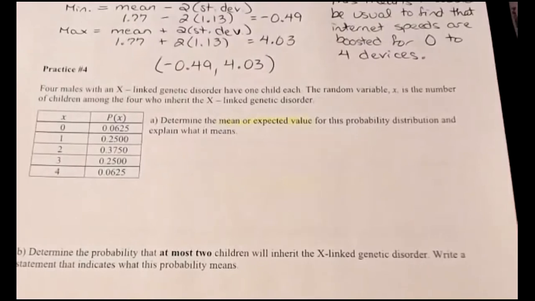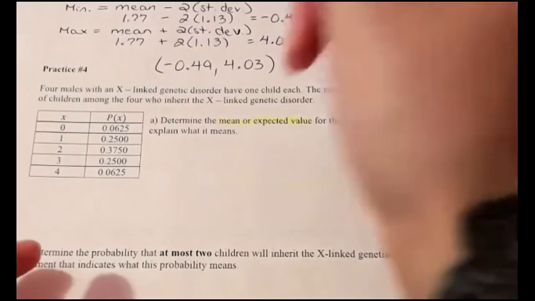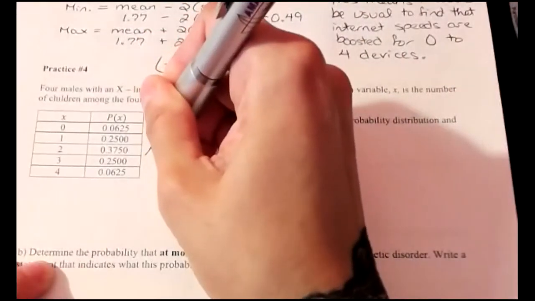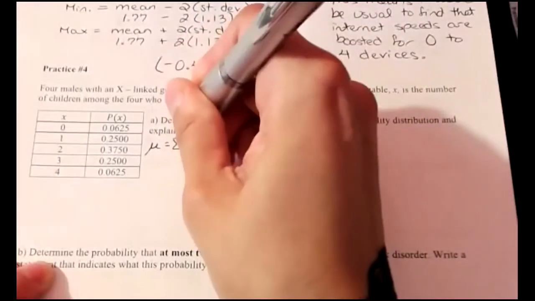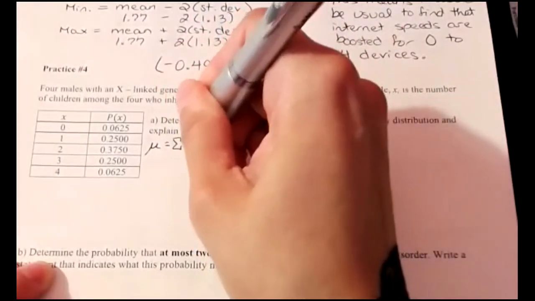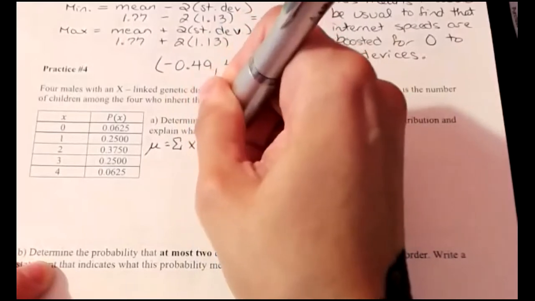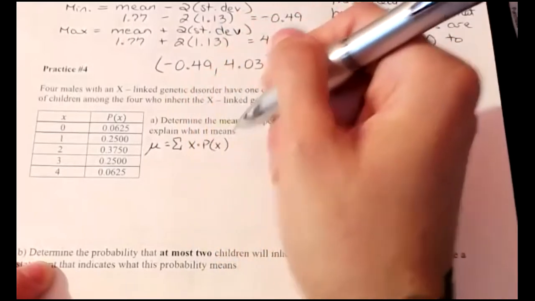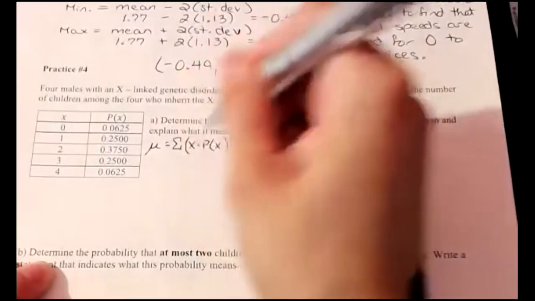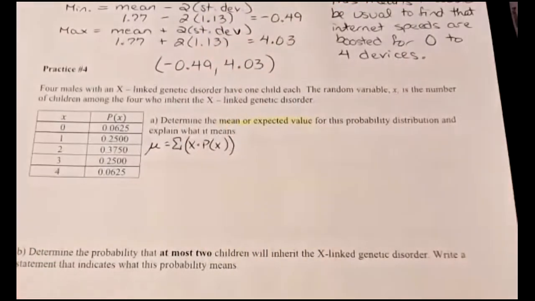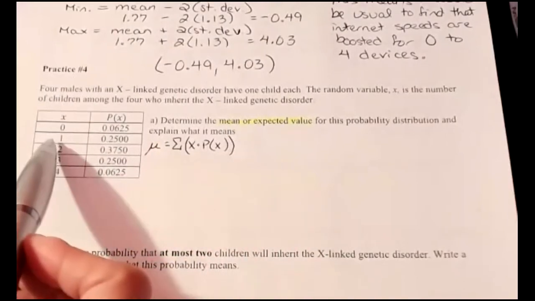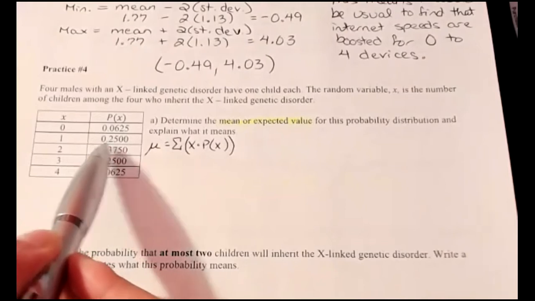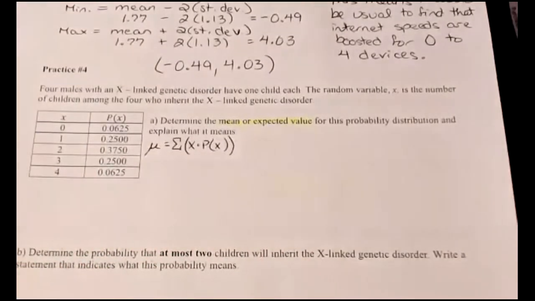I'm going to write that again, and I'm going to try to squeeze it in here so that it doesn't take up too much room. So to find the mean or the expected value, you're going to take each random variable and multiply it by its probability, and you're going to add all of those together. Essentially you're saying 0 times 0.0625 plus 1 times 0.2500 plus 2 times, you get my drift?